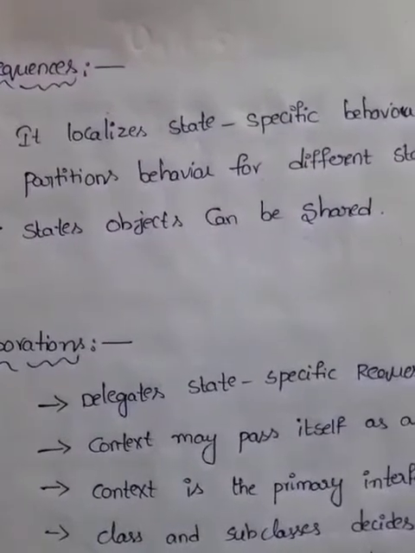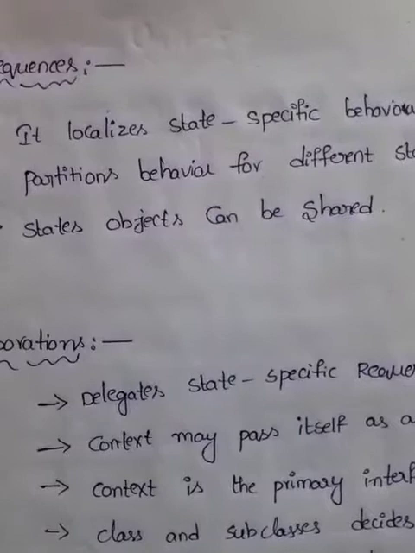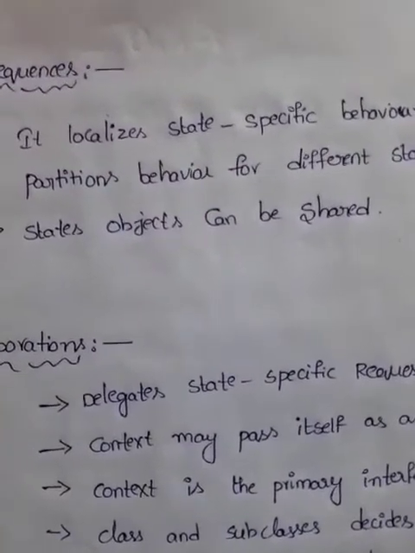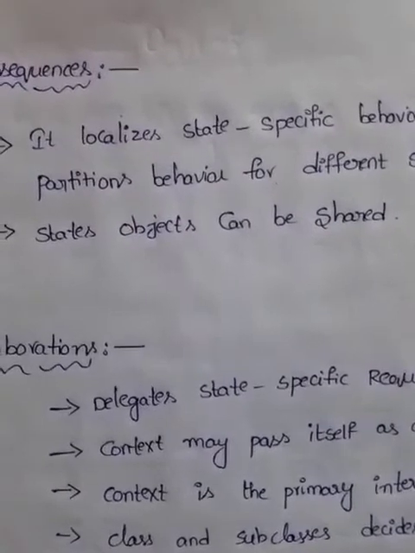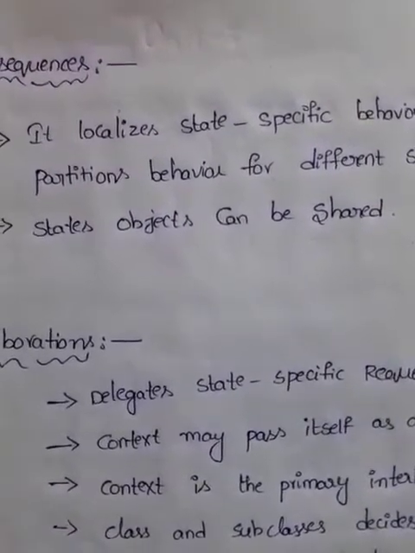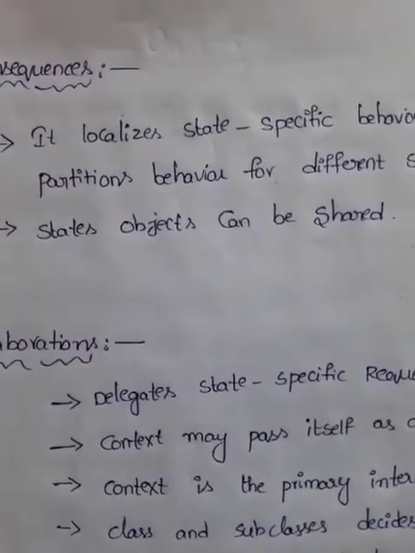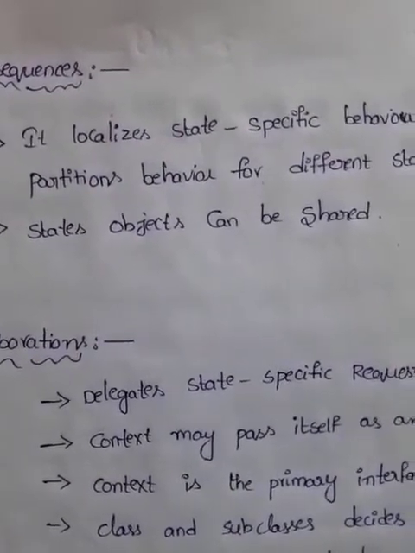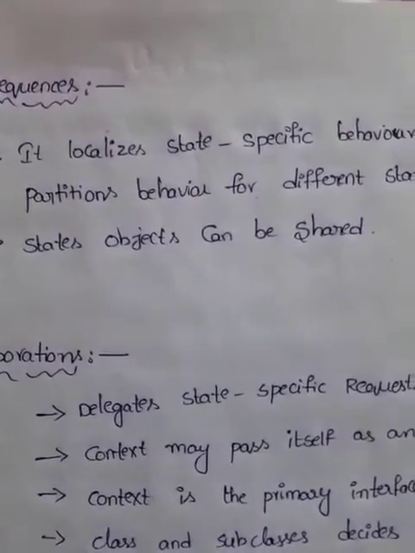And also, state objects can protect the context from inconsistent internal states, because state transitions are atomic from the context's perspective. They happen by rebinding one variable. And the next one is that state objects can be shared.